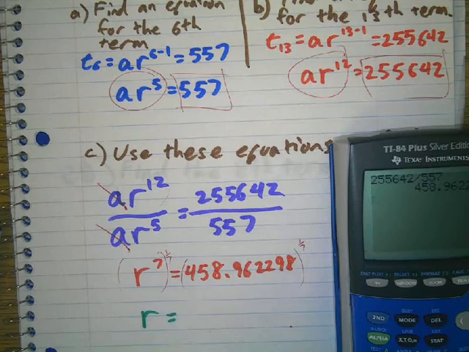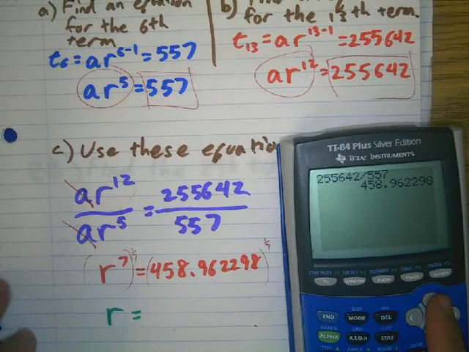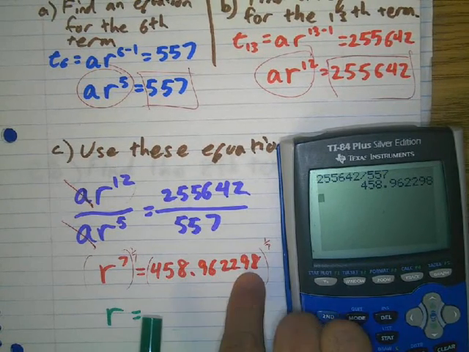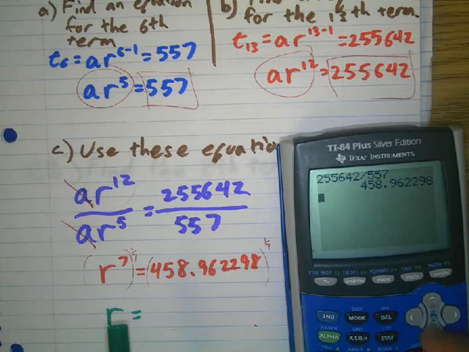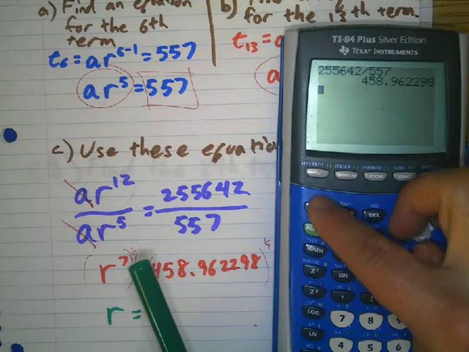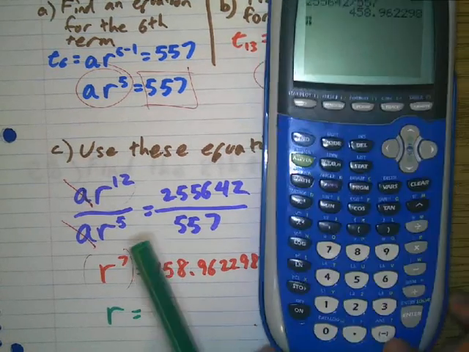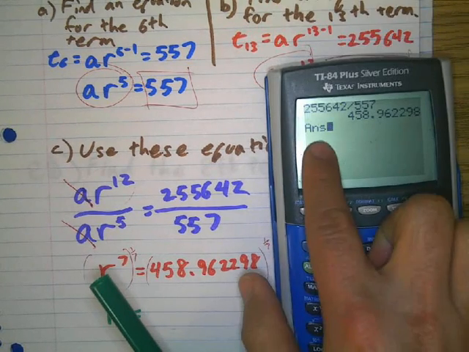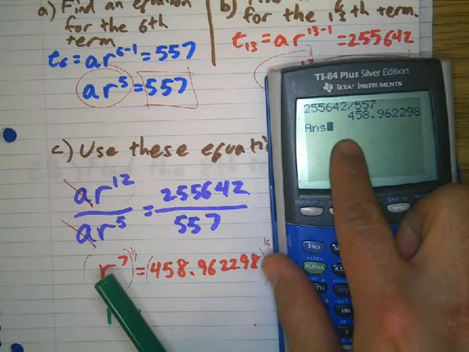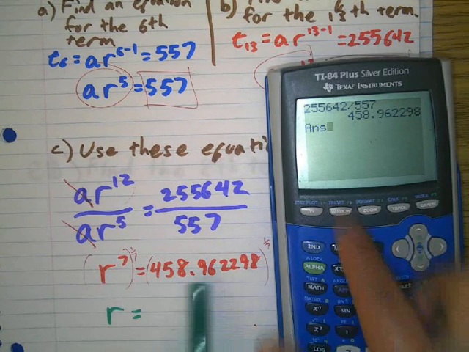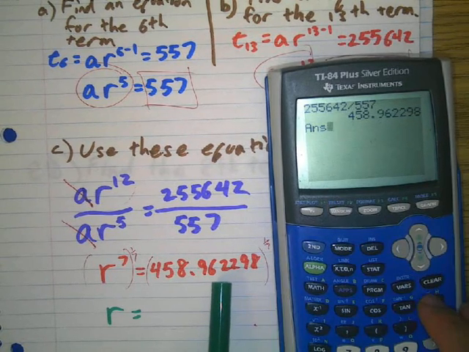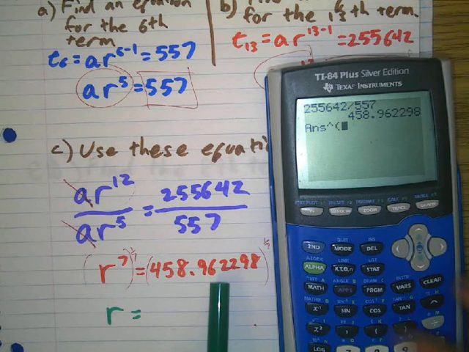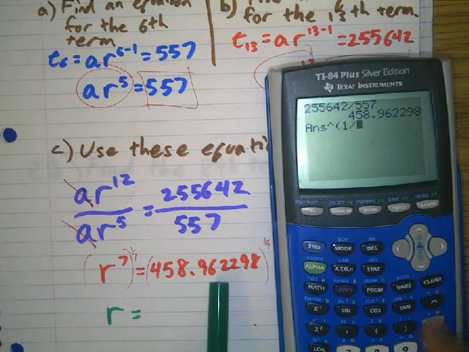Now how do I type that into the calculator? Well, rather than retyping all this number, if I do second and this little minus symbol here, it says answer. So basically, this is the answer that we just got here. So we're taking that answer and we're going to put it to the 1/7 power. So caret, put in parentheses 1 divided by 7.